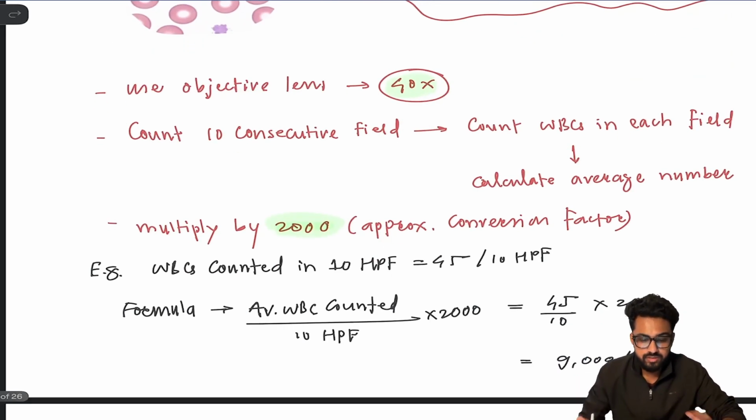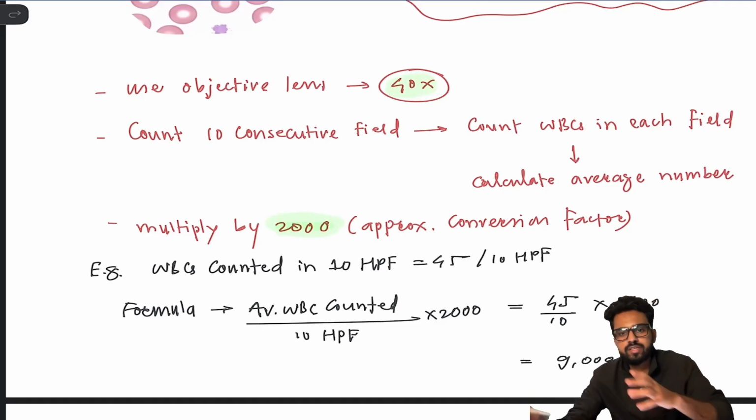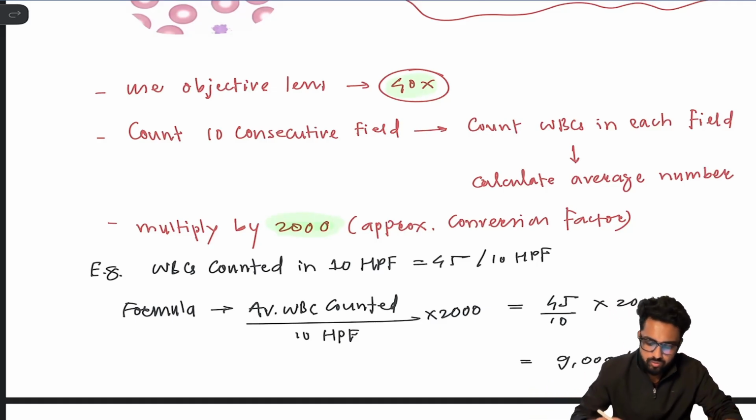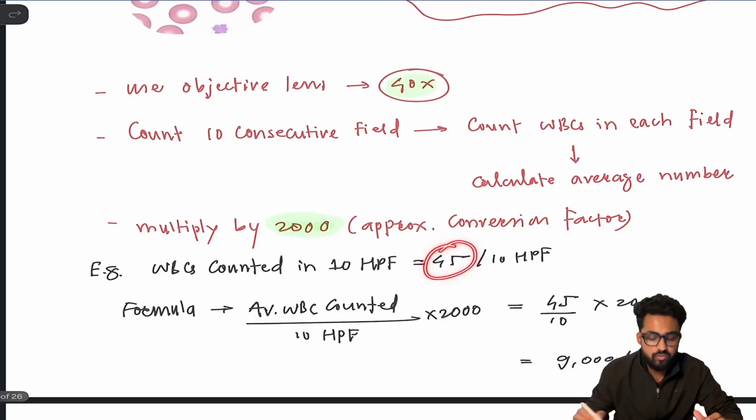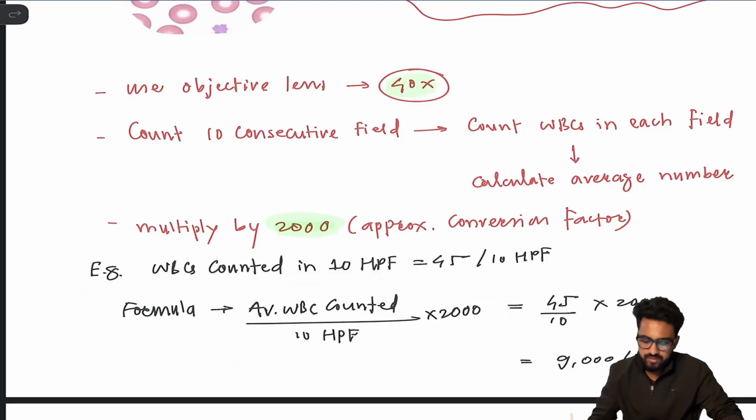So here we take an example for your understanding. WBC is counted in 10 high power fields, so approximately you get 45 WBC. Like in the first field you get 4, then second 3, then the next field you get 4 again. So that's how in total in 10 fields you get 45 WBCs. Then this is the formula, you should mug up this formula for manual calculation.